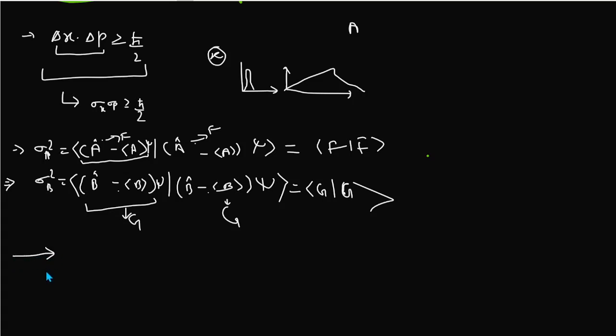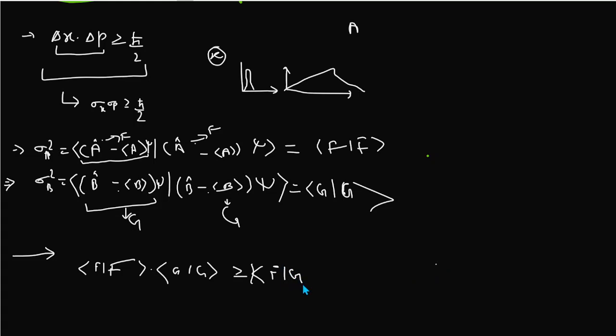The Schwarz inequality says that the inner product between F and F, multiplied by the G and G inner product, is greater than or equal to the mod of the inner product between F and G, mod square. Sorry, my writing is not that good.